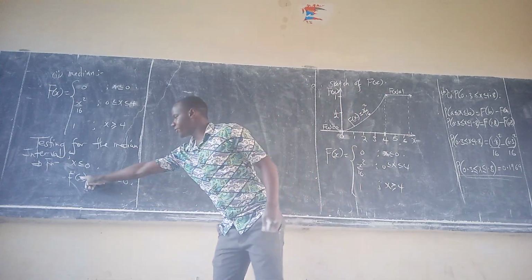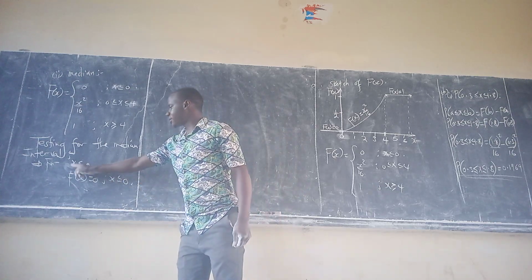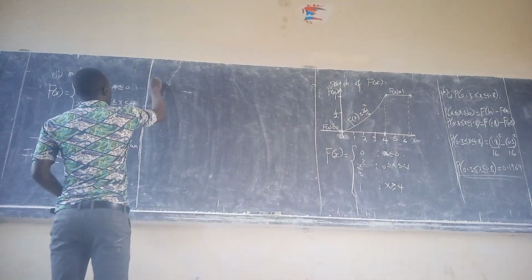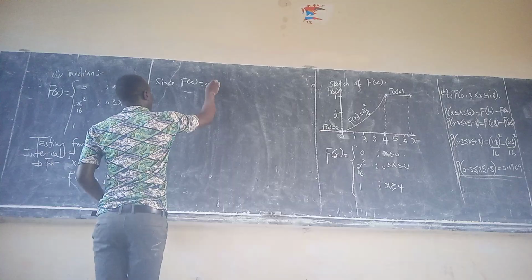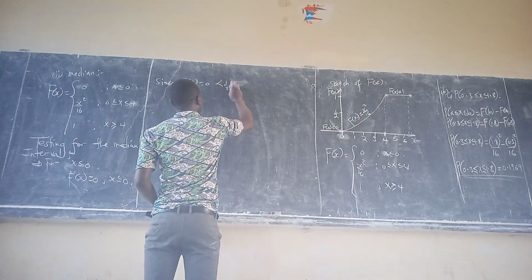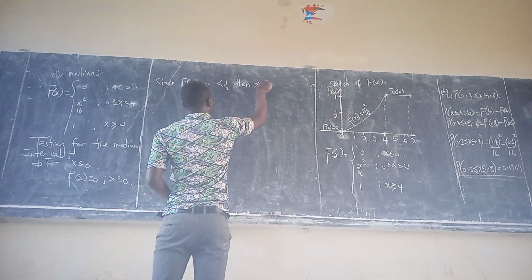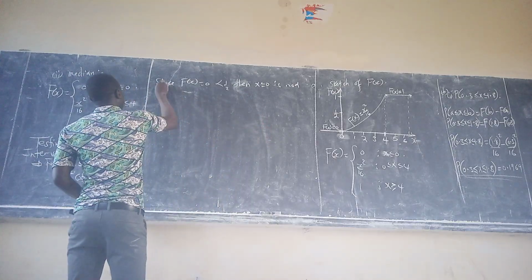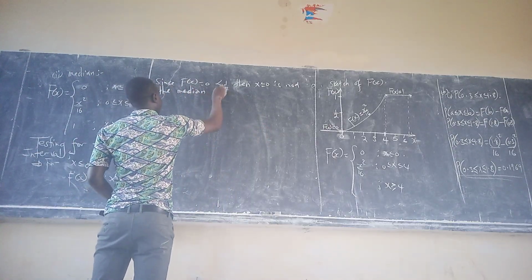So since the capital F of x for the first interval is 0, which is less than a half, it means x less or equal to 0 is not the median interval.